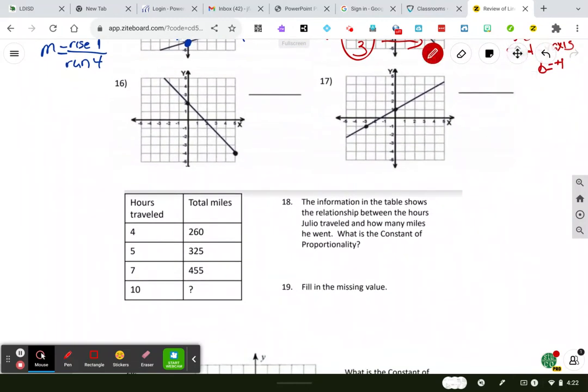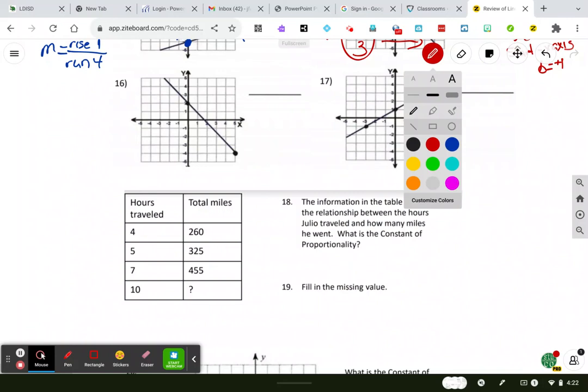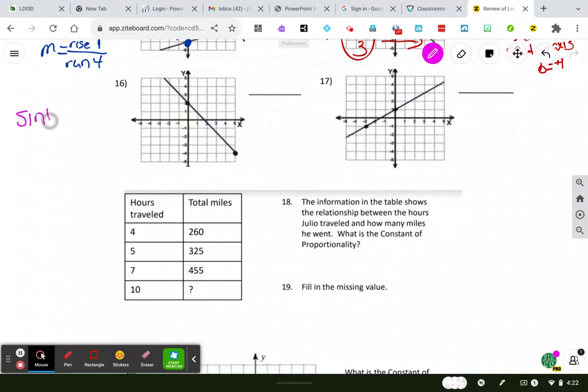All right, let's look at number 16. Let's use a different color. We know that this is going to be a negative slope, so we're going to have to sink and swim. So we're going to go down and over. That's going to be our M. And then we need to figure out, where do we start? Y-axis. And we're starting at, I believe that is a 2.